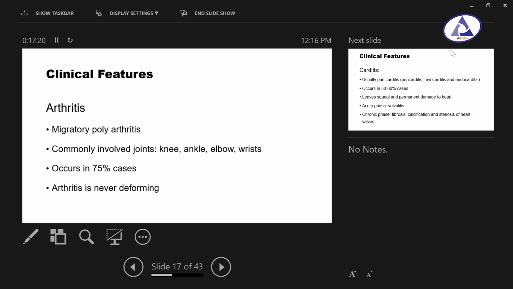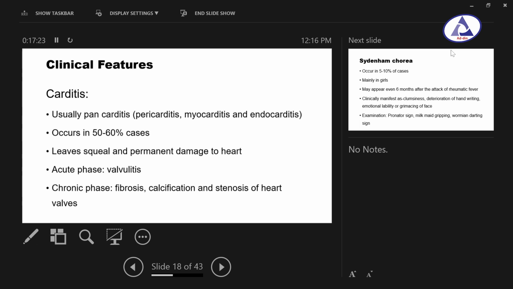Then, what are the other clinical features? This is carditis, usually pancarditis. Pan means all layers of the heart, so pericarditis, myocarditis, and endocarditis. Involvement of the pericardium is called pericarditis, involvement of the myocardium is called myocarditis, and involvement of the endocardium is called endocarditis.